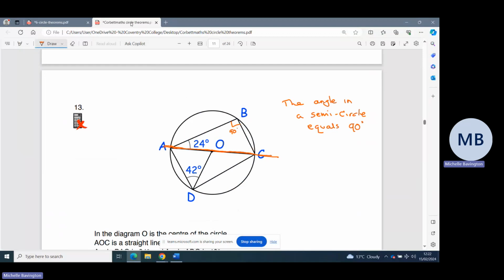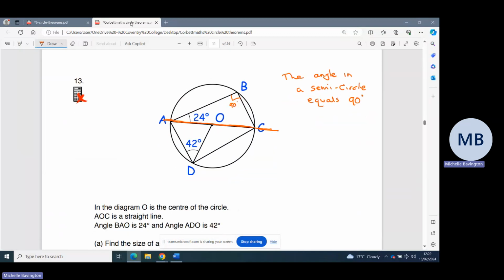So we can easily work out quite a lot now. Oh, I can see 2 radius here. So equal. So that has to be 40, and so on.